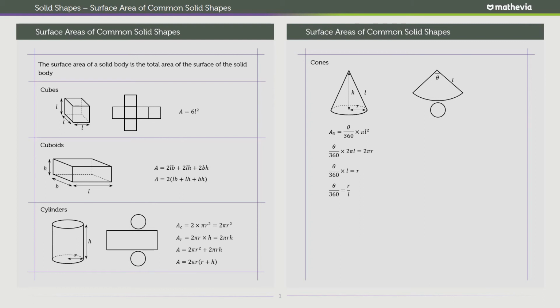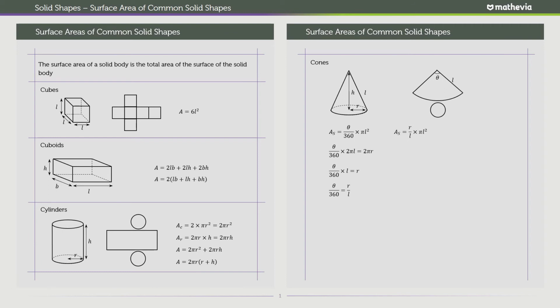So now we have something we can use to replace theta over 360, because like I said, you're often not given theta, the angle of the sector. If you're asked to solve for a cone, you're usually just given the radius, the height, or the slant height. But now we've established that the angle over 360 equals the radius over length.